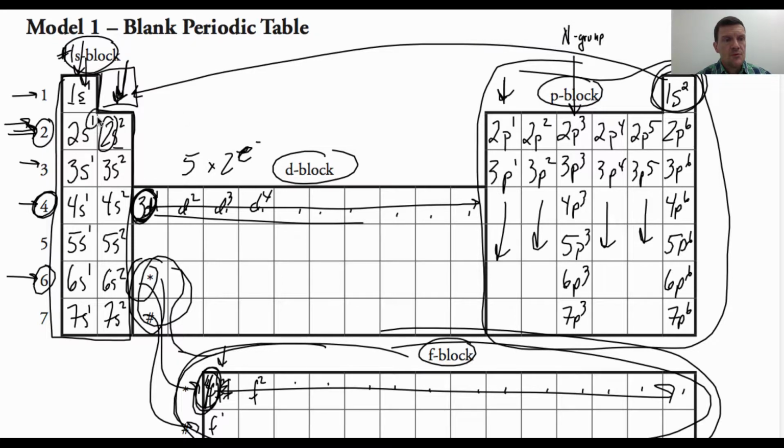So this superscript right here, if it ends in S1, that means it's in the first column in that block. If it ends in S2, it's the second column in that block. P1 tells me it's the first column in that P block. P2, second column, third column, fourth column, fifth column, sixth column in that block. Same thing with D and F.